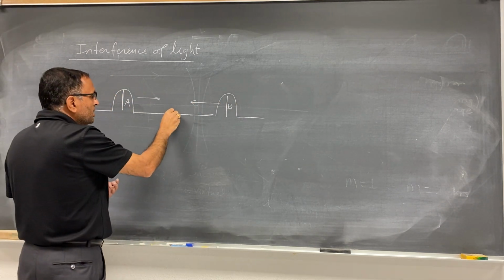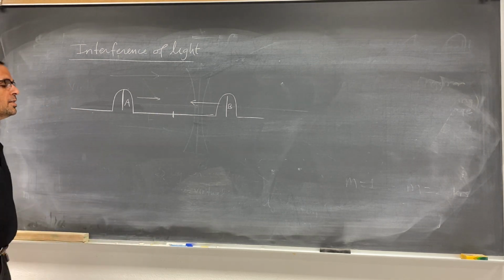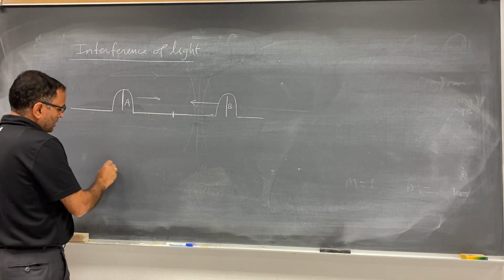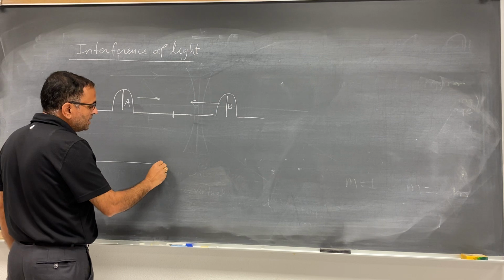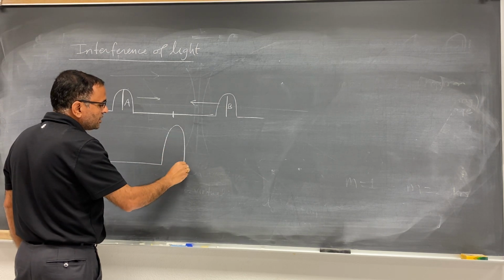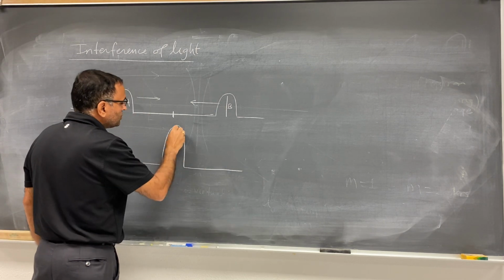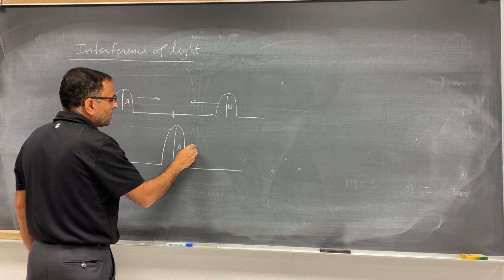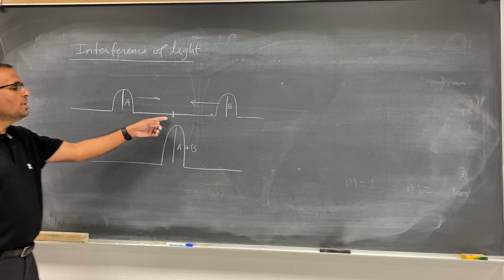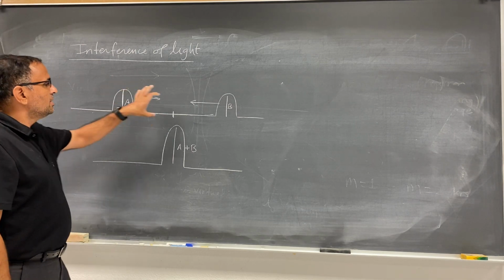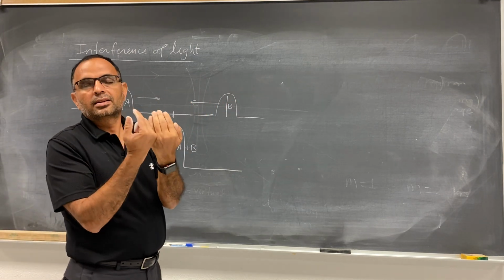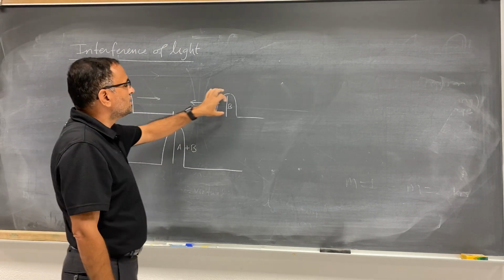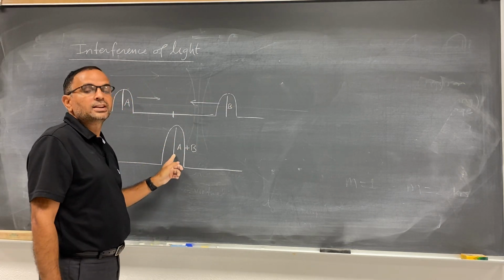They meet somewhere here. Then what happens right here is the amplitudes A and B add up like this. You get a really big amplitude. So this amplitude is A plus B. So they mix up here, and the amplitude A and this amplitude B, they add. If this is 2 centimeter and this is 2 centimeter, then this becomes 4 centimeter.